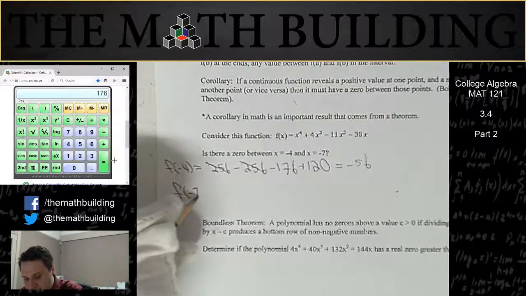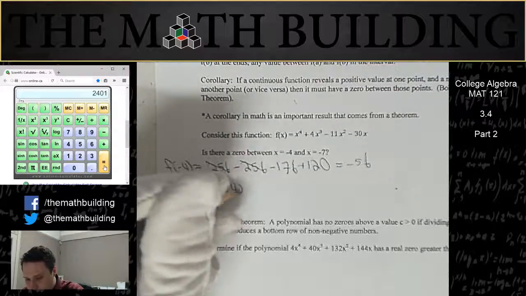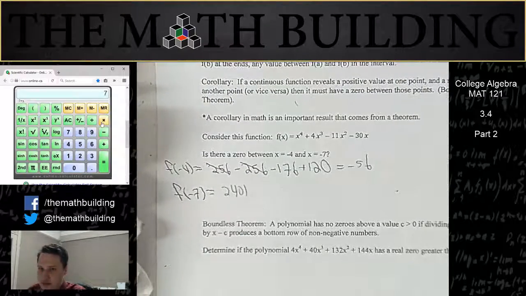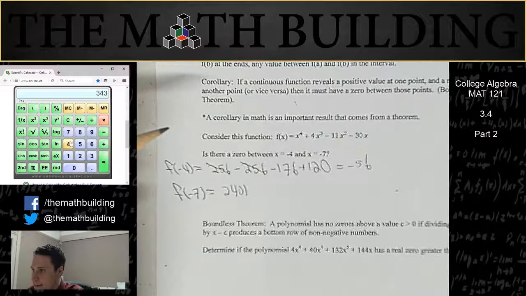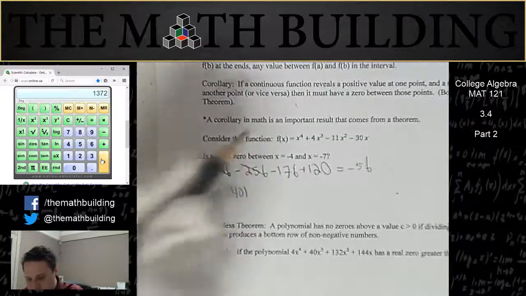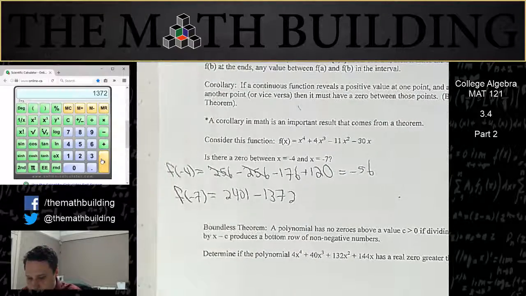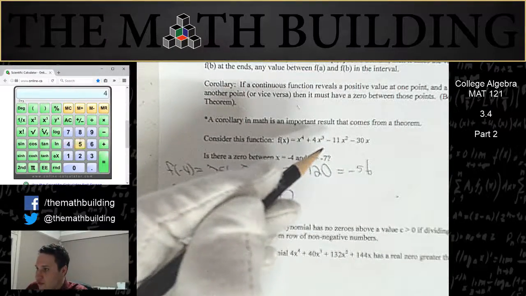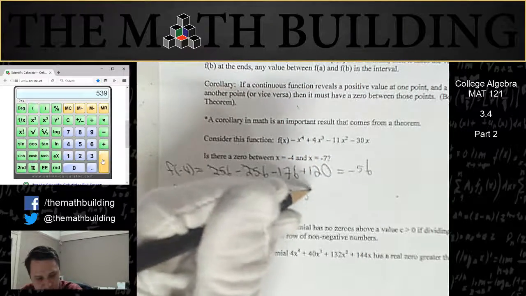Let's plug in -7. -7 times itself 4 times will be positive, and it's equal to 2401. 7 times 7 times 7 is 343, times 4 is equal to 1372, and that'll be negative because we have 3 negatives right there. 7 times 7 is 49, times 11, we'll make it negative, -539.